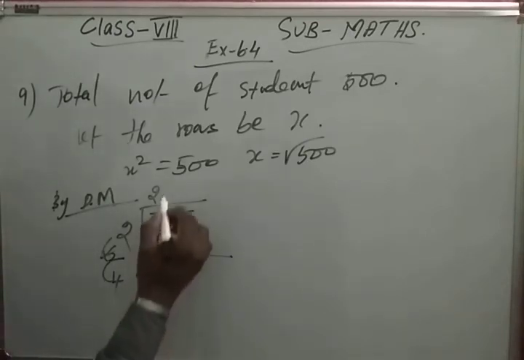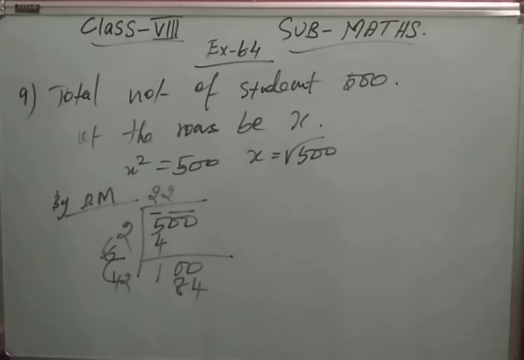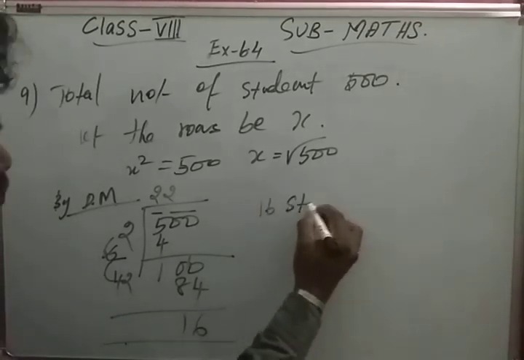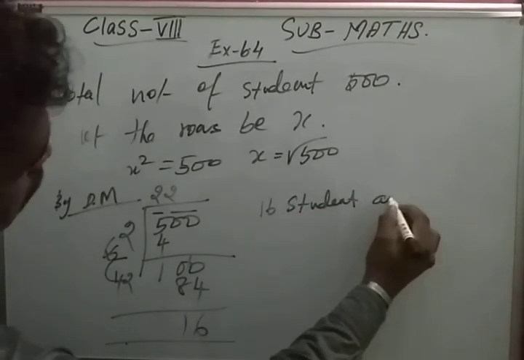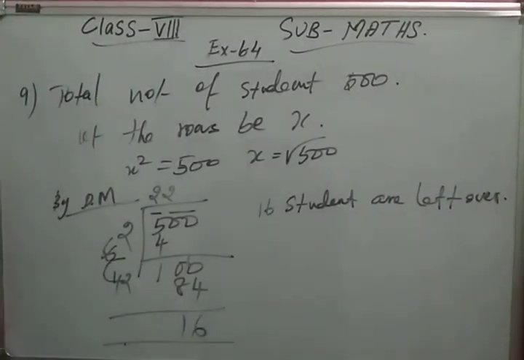Maybe we can use 2: 42 2s are 84. Now subtract: 10 minus 6, then 9 minus 8, 1. So 16 is left over. 16 students are left over.